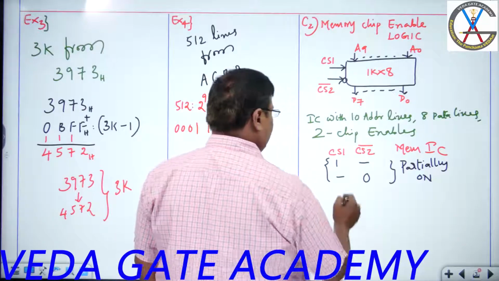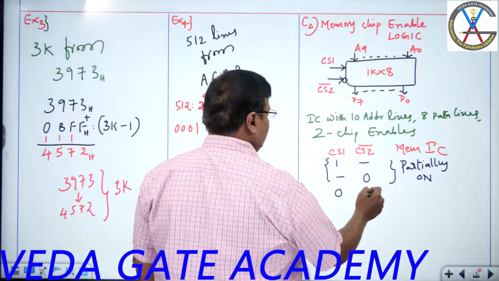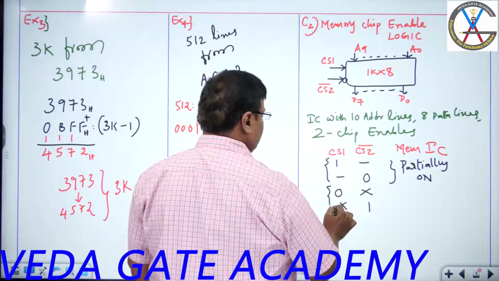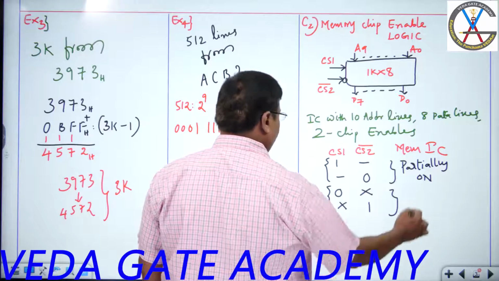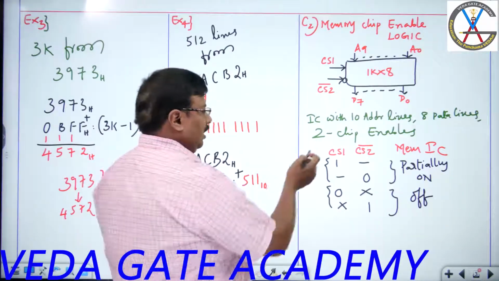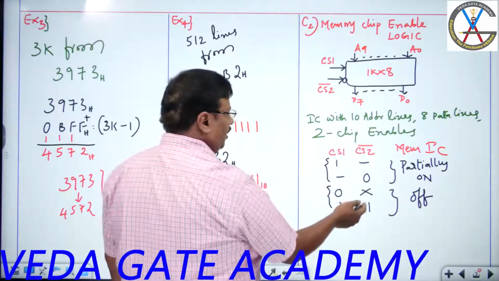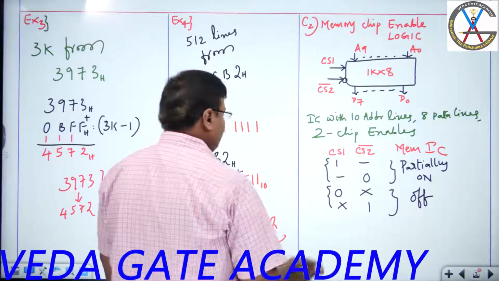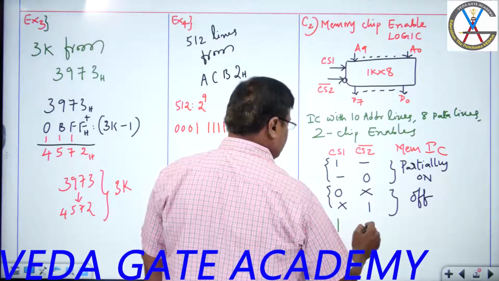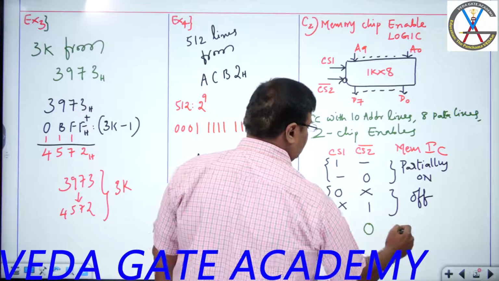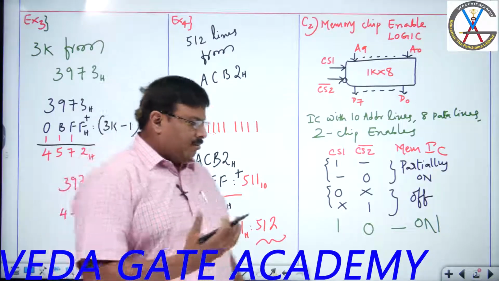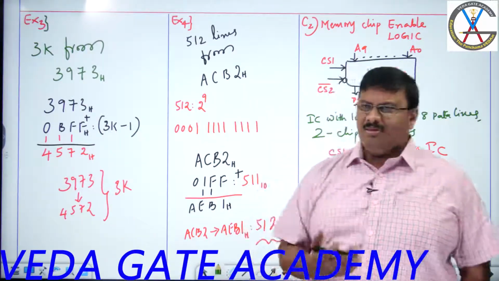Second case, if I get 0 on CS1, I don't bother about second. 1 on CS2 bar, I don't bother about second. So in this condition, ICs are completely off. Because 1 is known, the known is off. High enable given with low, low enable given with high. Ultimately it is off. The one and only case to enable this IC is 1 on CS1, 0 on CS2 at the same time. When we enable both the enable signals at the same time, then only IC is on.